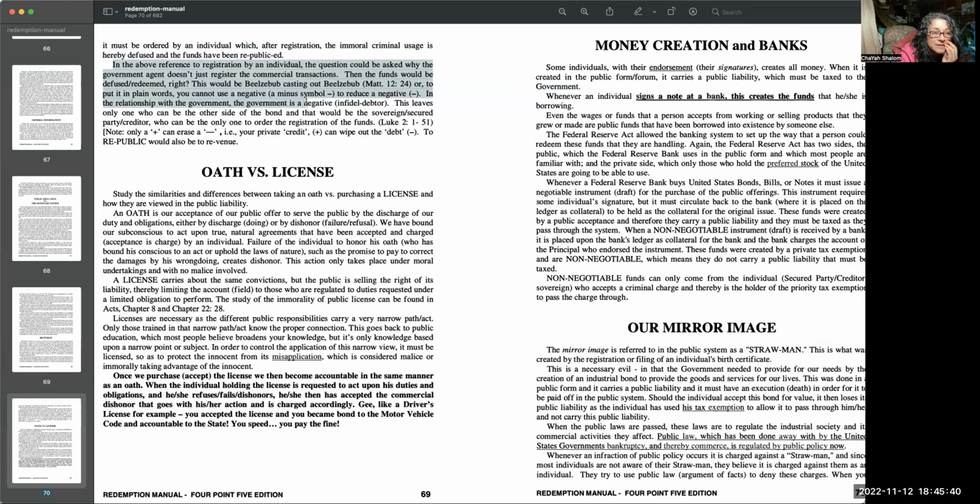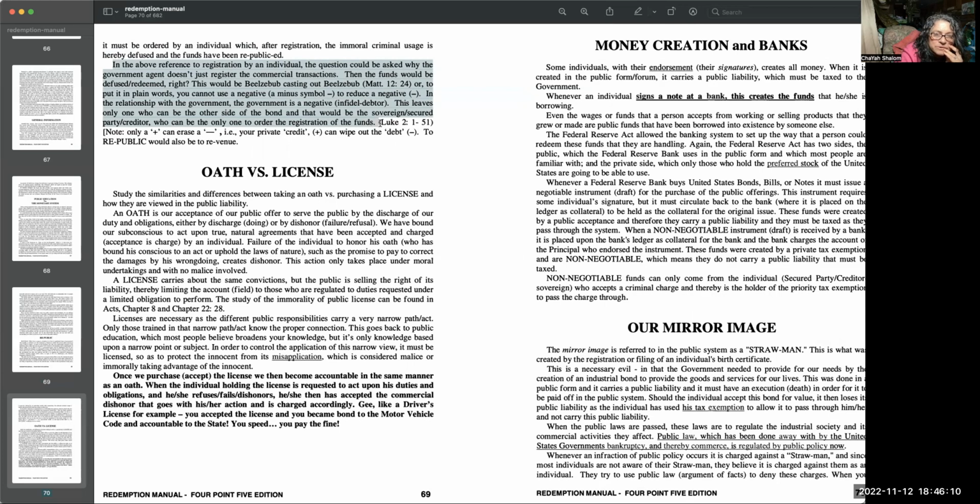Negative. In the relationship with the government, the government is a negative, infidel, debtor. This leaves only one who can be the other side of the bond, and that would be the sovereign secured party creditor, who can be the only one to order the registration of the funds.